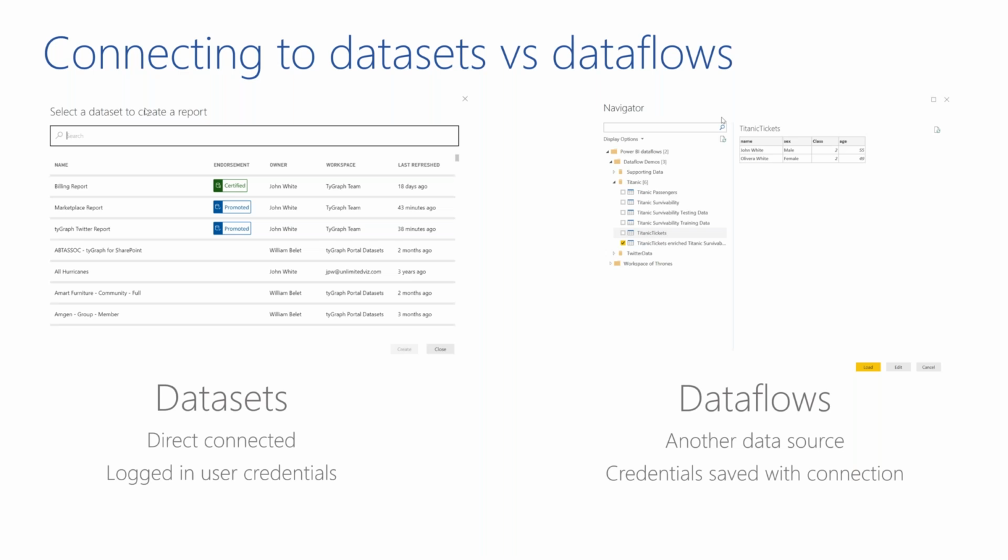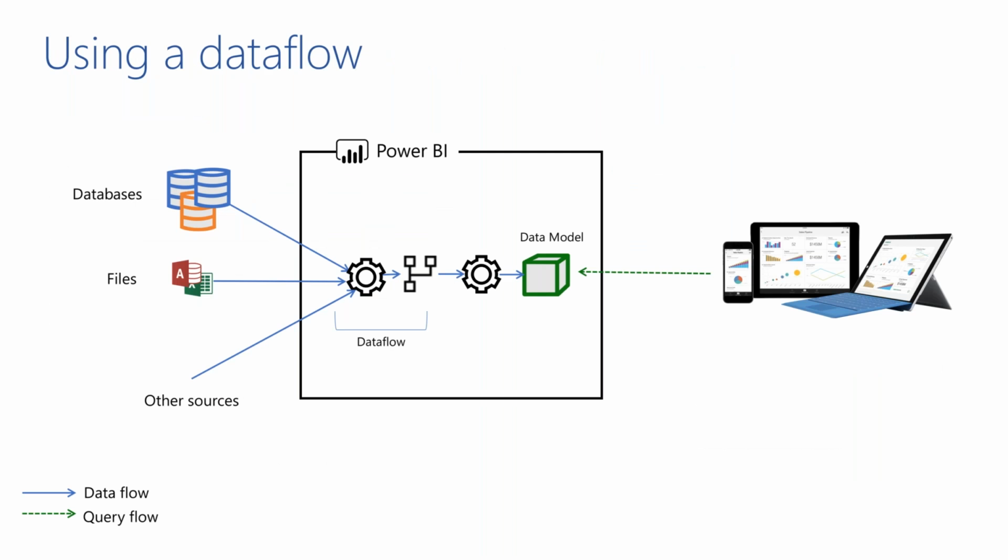All right. So now when we use a data flow, as a user, we're still just interacting with this deployed model that people have built up. That data model is fed and updated from a data flow. That data flow itself is fed and updated from the source data, okay?